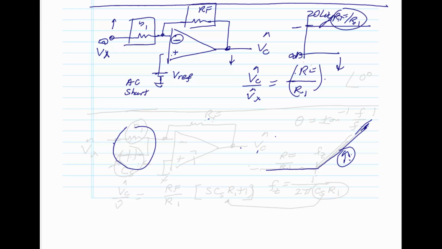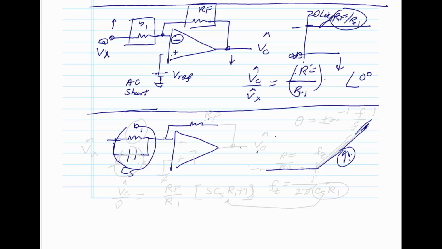Instead of a gain stage, it's an attenuator stage. Okay, so the next section, and again, there is no phase. The phase angle is 0 because it's real. There's no frequency dependence. So the next circuit we're going to look at is, how do we create a 0 out of this? All we have to do is stick in a capacitor in parallel with this R1. Let's see if it just intuitively makes sense.